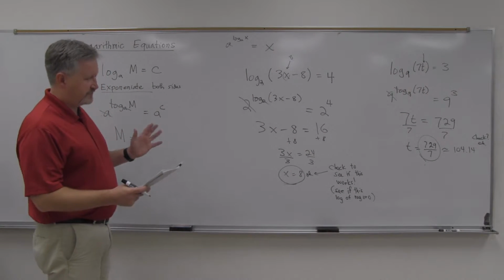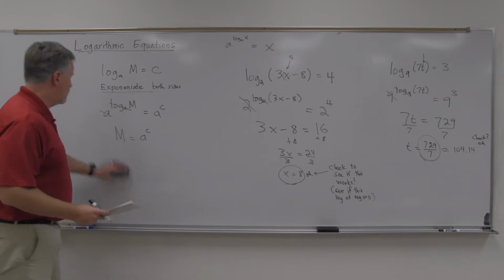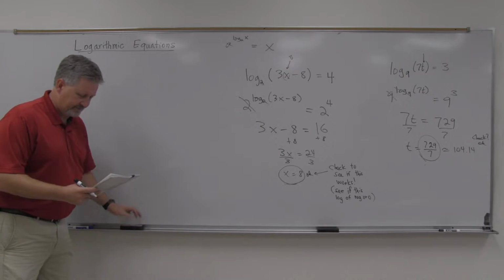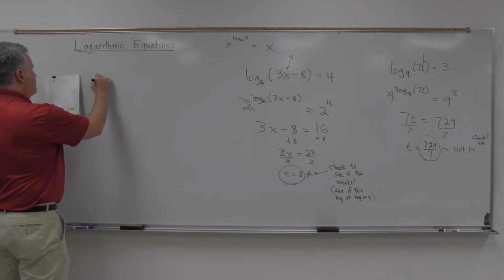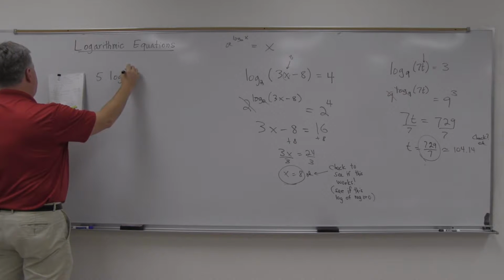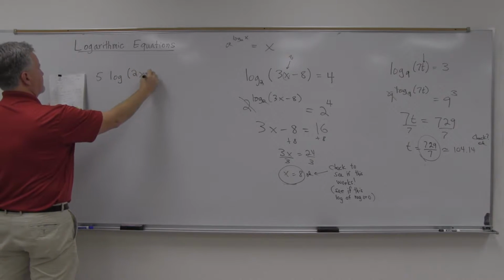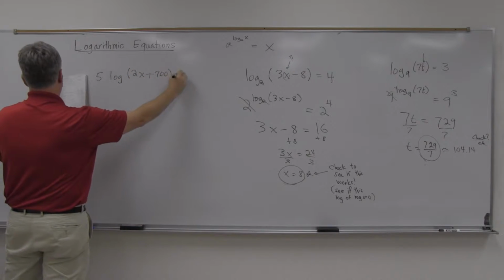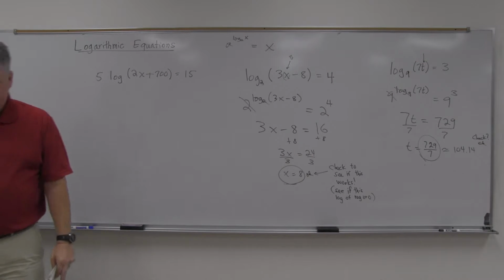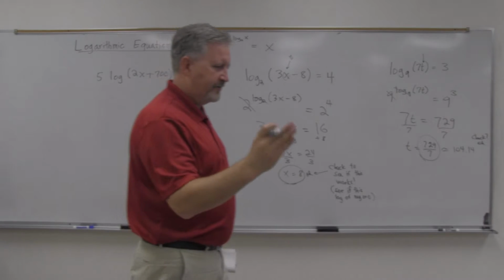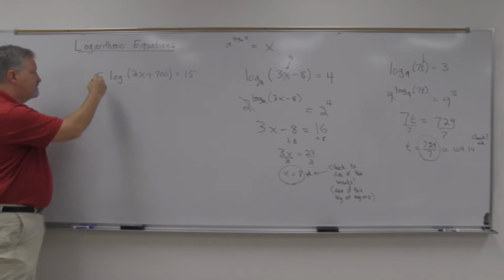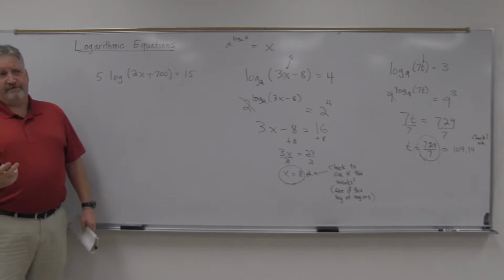Now, just a couple of little quirks that could come along here. 5 times log of 2x plus 700 equals 15. That's the next one. Here the problem is that I have a number in front of our logarithm.